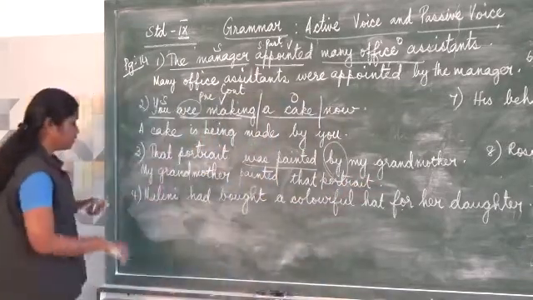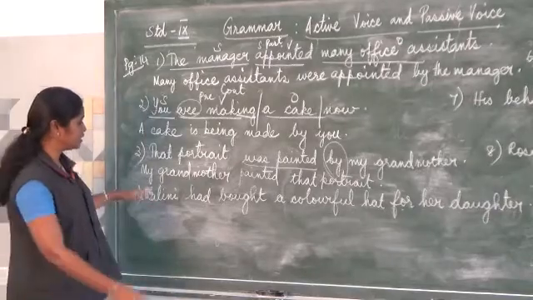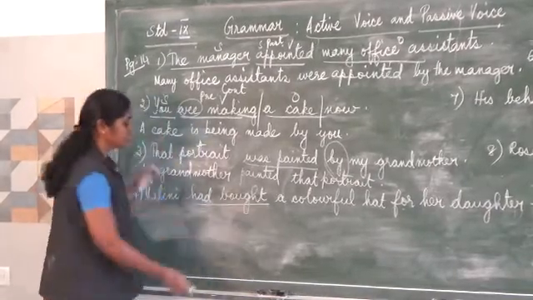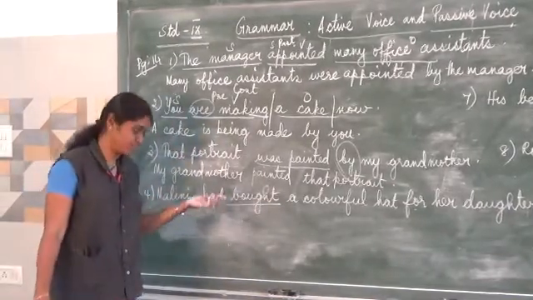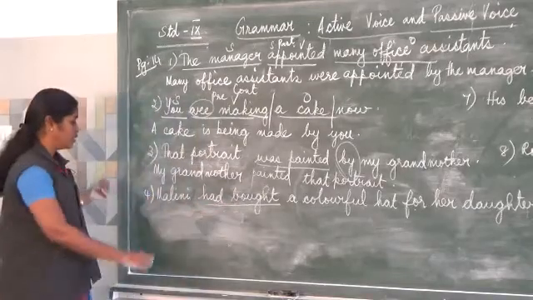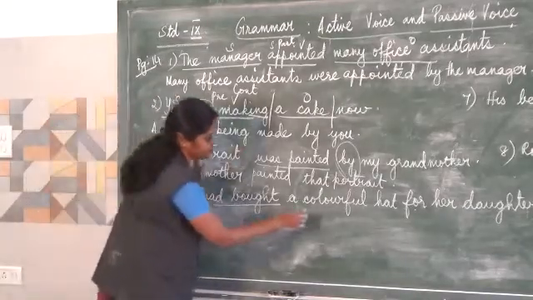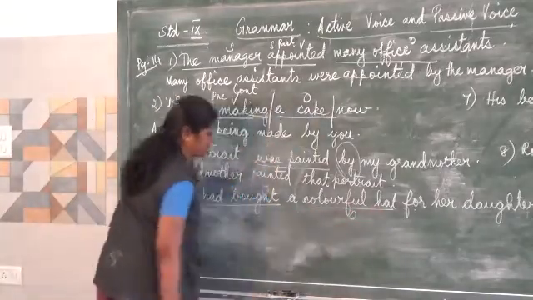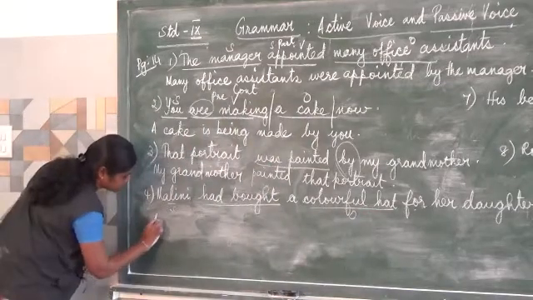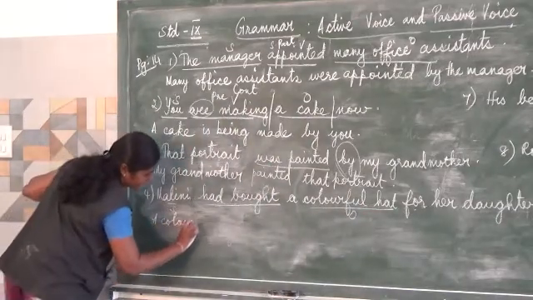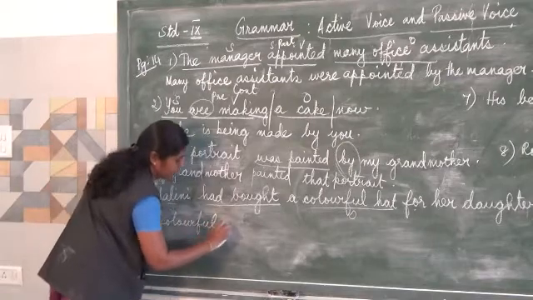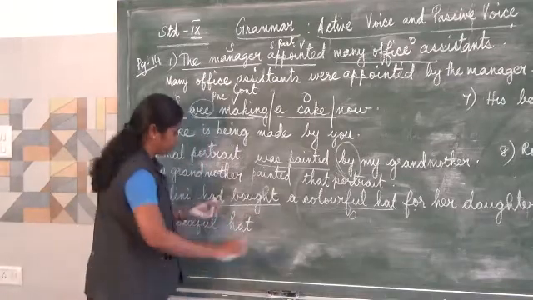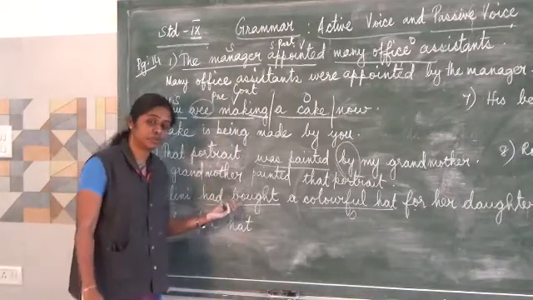Okay. Now if you see this sentence, "had bought." So this is active form. This is not passive form. This is active form. Okay. So this is subject. This is object. So bring object. A colorful hat. So "had bought" is past perfect. Okay.